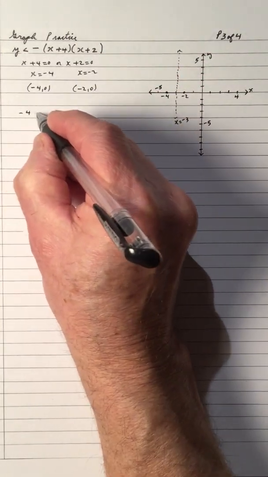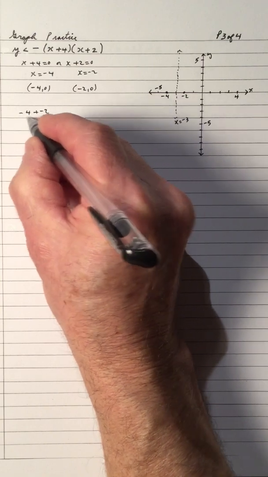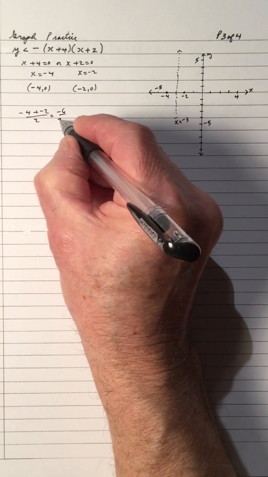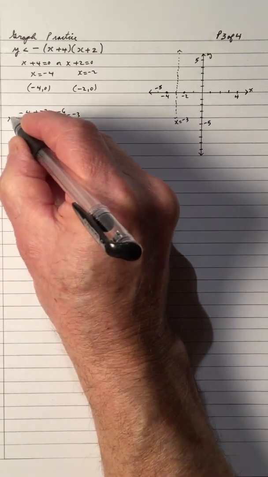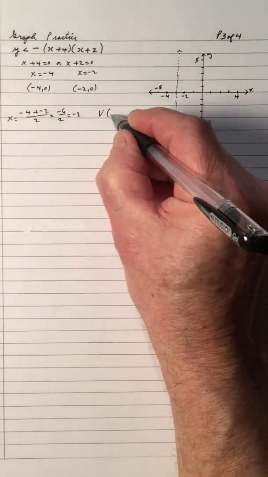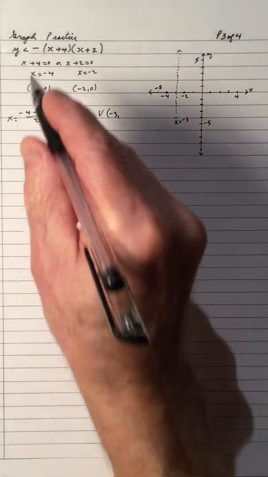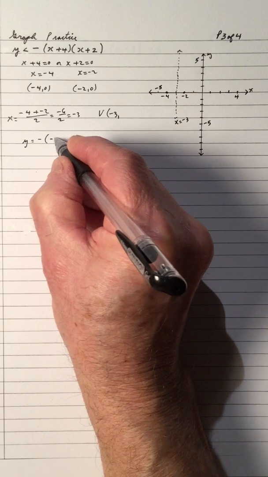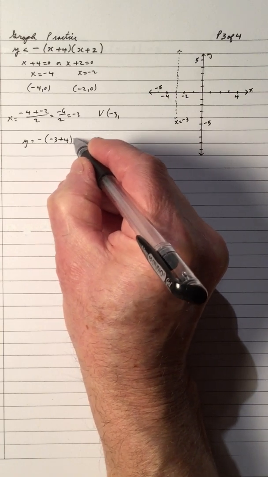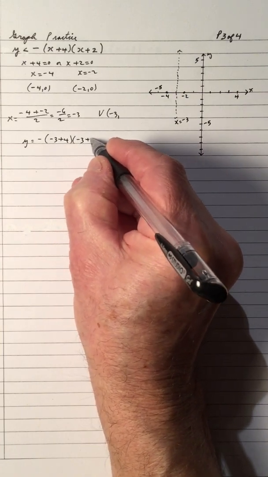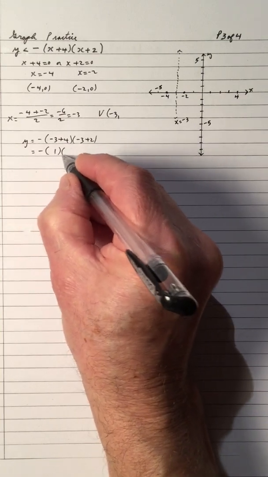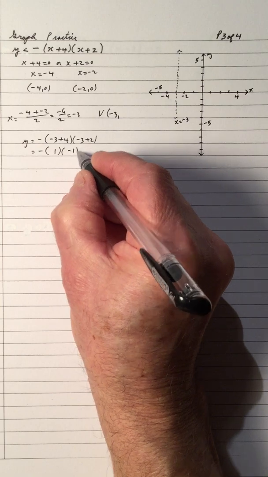And again, if you add up the x-intercepts and divide by 2, you'll get negative 3. So the x-coordinate of the vertex is negative 3. So you take negative 3 and plug it back into the equation and find out what the y value is. That gives me a 1, and that gives me a negative 1.